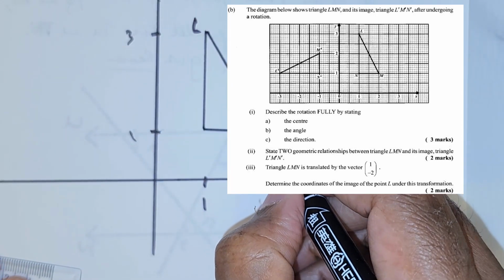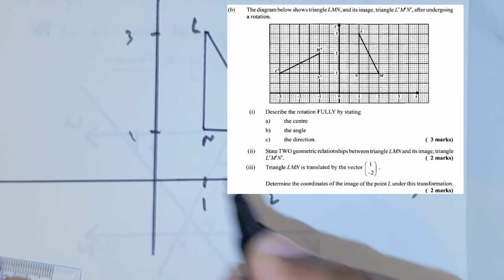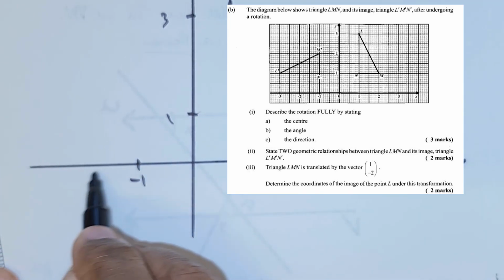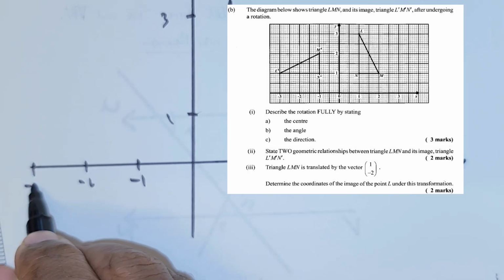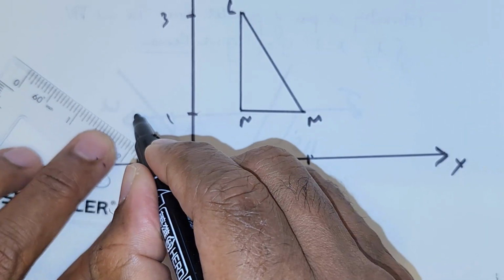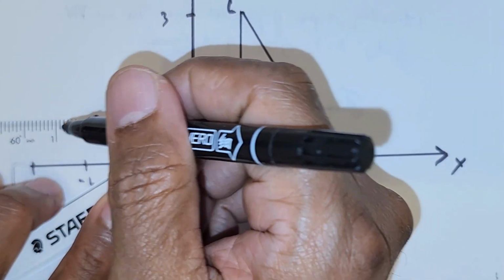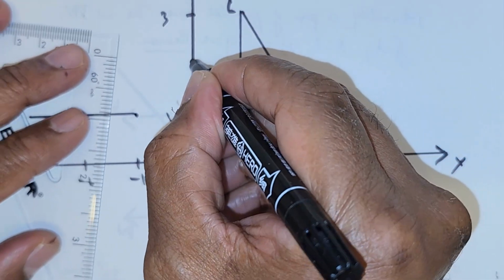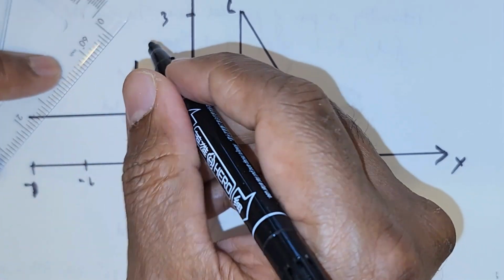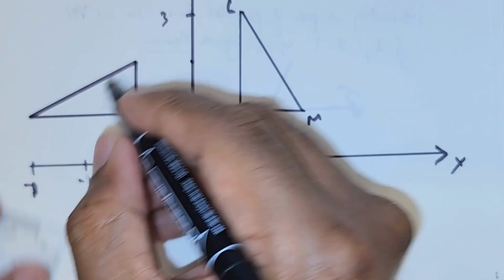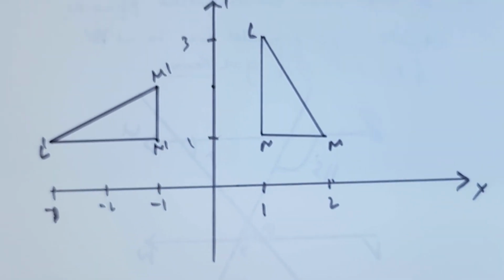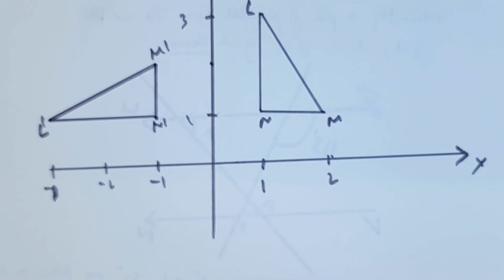So this is L, M and N. This is the x-axis, this is the y-axis, and then this point is -1, -2 and -3, all the way to -3, and then it hits at 2. So this is L dash, M dash and N dash. So we will have to write on this transformation. This is the question they are asking.